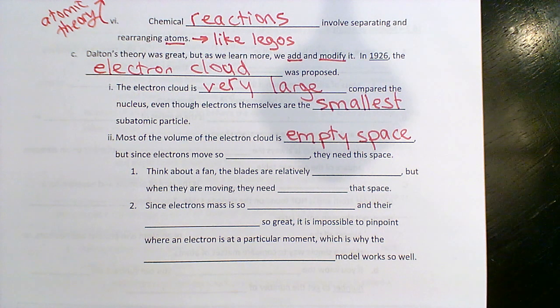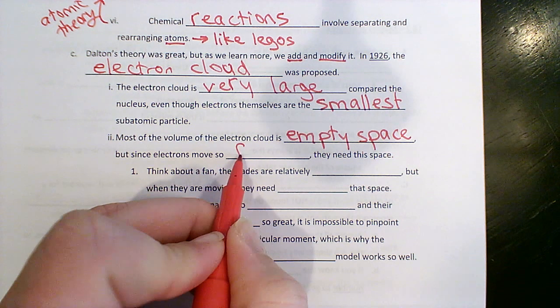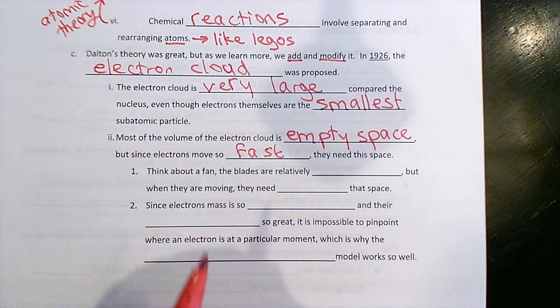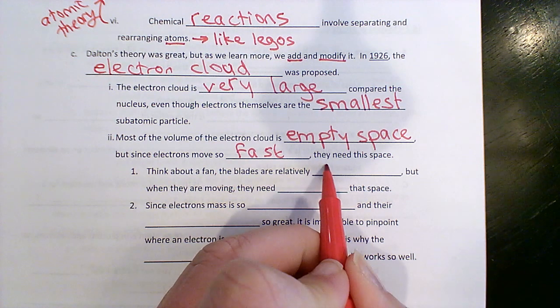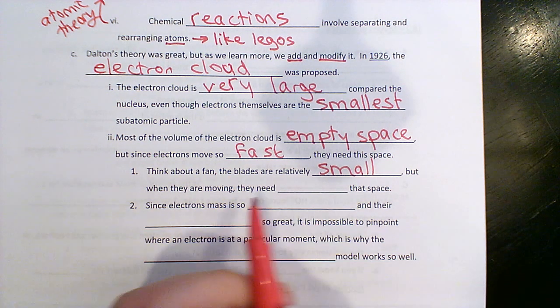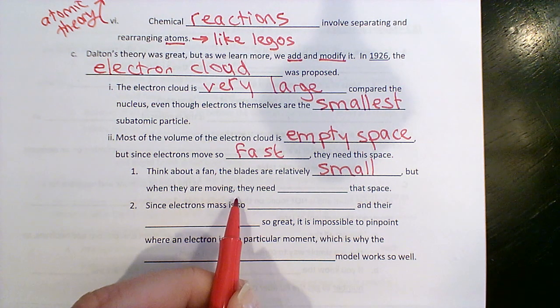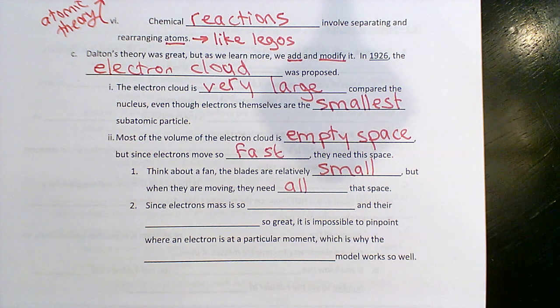But since they're moving so fast, that space is pretty much taken up consistently. So since electrons move so fast, they need all that space. And I said, think about a fan. The blades are relatively small, but when they're moving, they need all of that space.